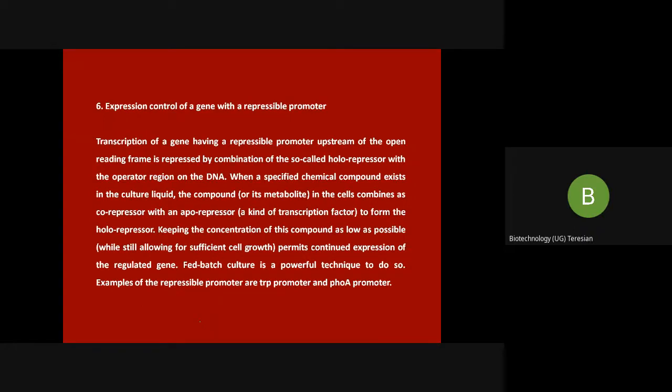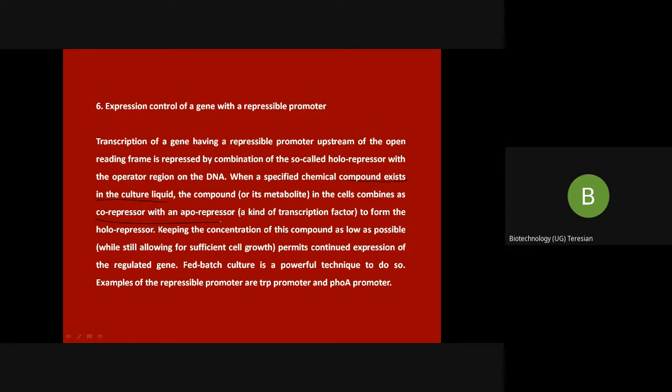And next, coming to the expression control of a gene with a repressible promoter. When a specified chemical compound exists in the culture liquid, the compound in the cell combines as a co-repressor with an apo-repressor. So you have provided a chemical compound which is present in the culture liquid, or it is a metabolite in the cell.